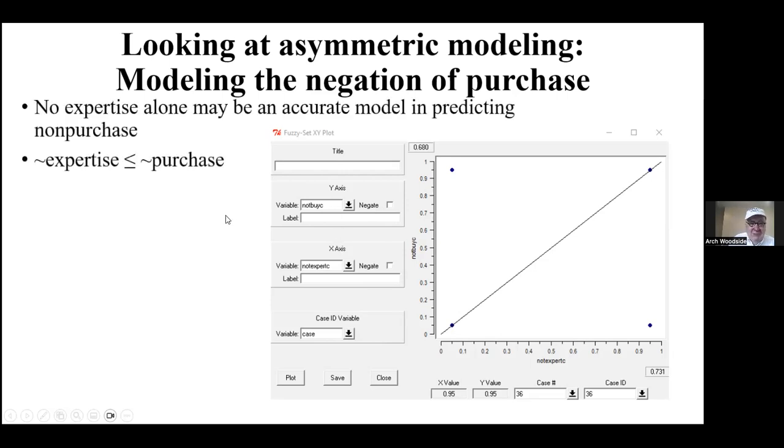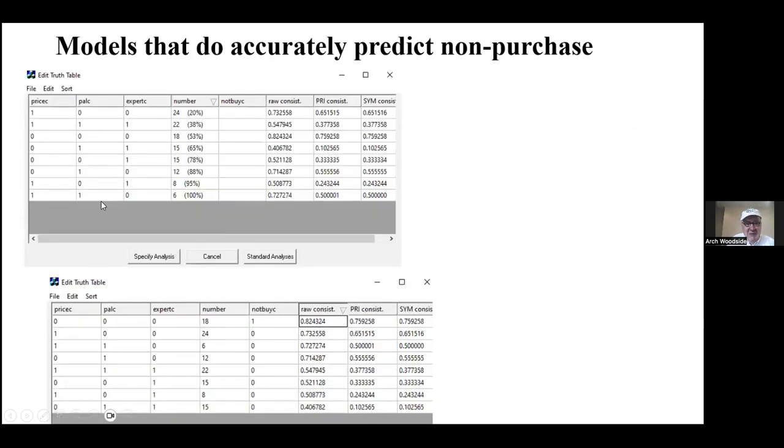So no expertise alone may be an accurate model. And you do the data analysis, and it did not confirm that model.